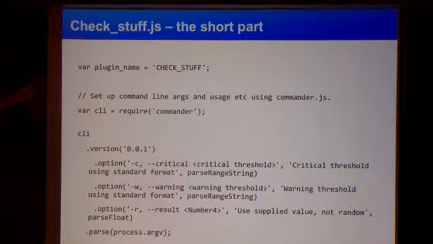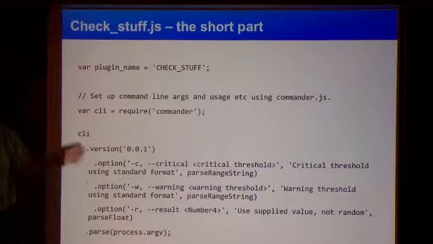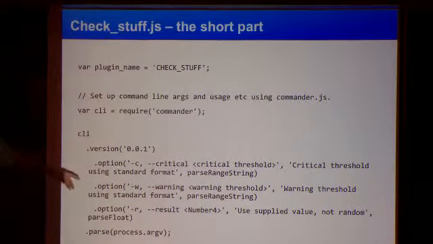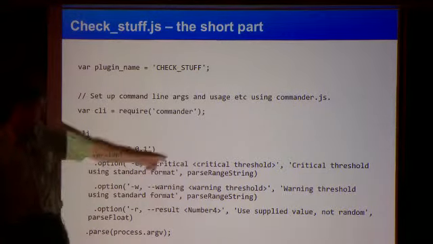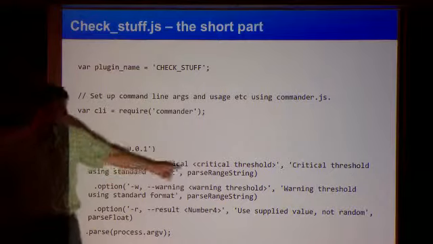We start off defining our plugin name. We use the commander library, which is for argument parsing. One thing that's kind of cool and spooky about it is that it actually just parses these strings for the definition.